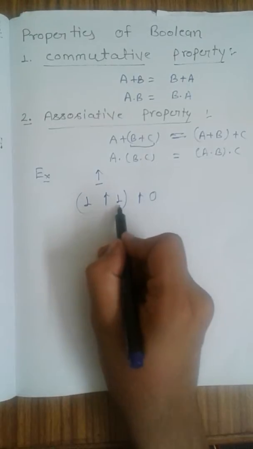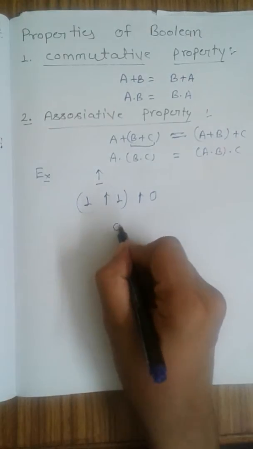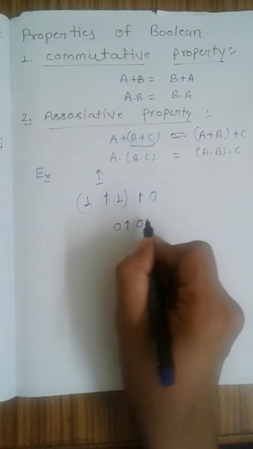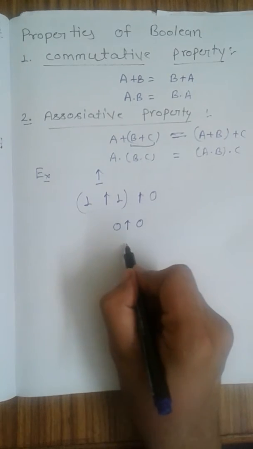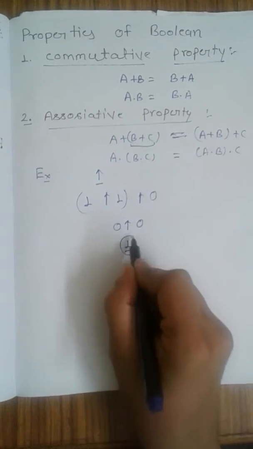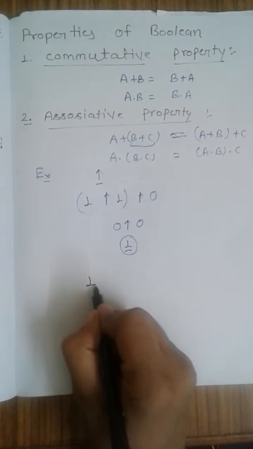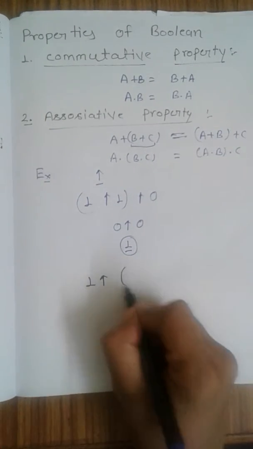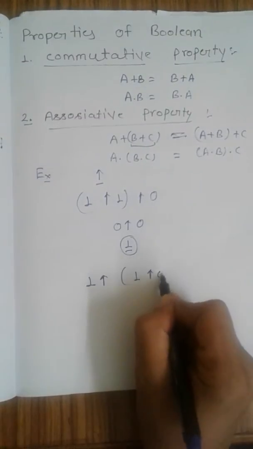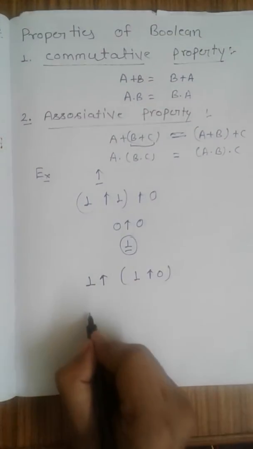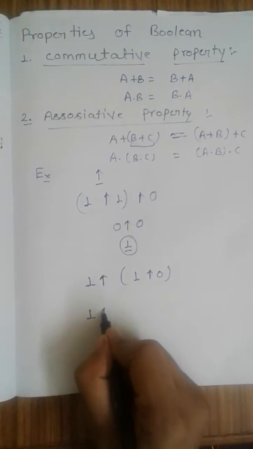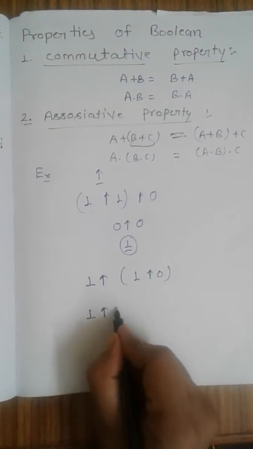So 1 1 will be 0, and for 0 0 it will be 1. Then take the NAND of this one: 1 NAND 0 will be 1.